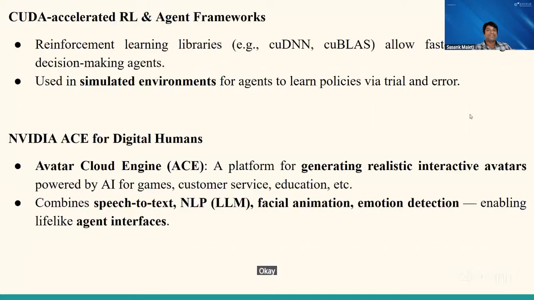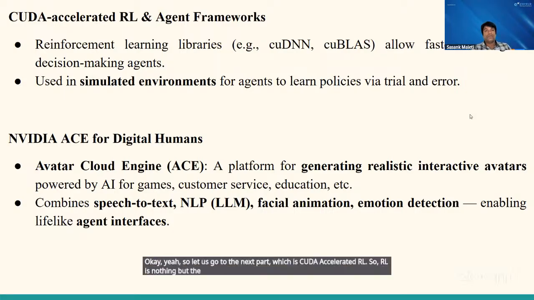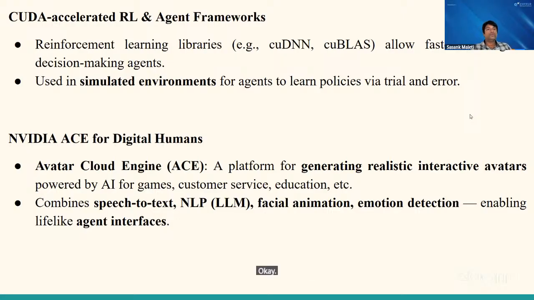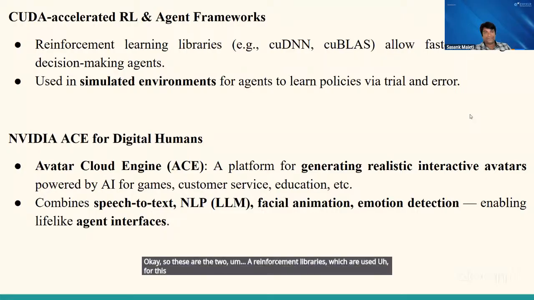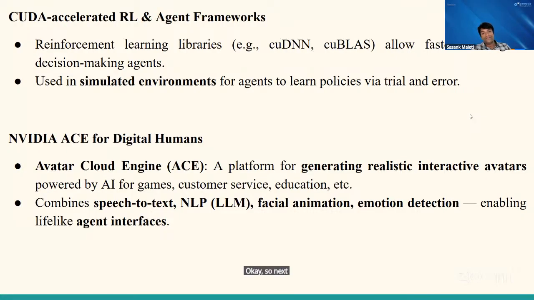Let us go to the next part, which is CUDA accelerated RL. RL is nothing but reinforcement learning. For CUDA acceleration, we have cuDNN and cuBLAS. These are the two libraries used with CUDA cores. The next thing is NVIDIA ACE for digital humans.